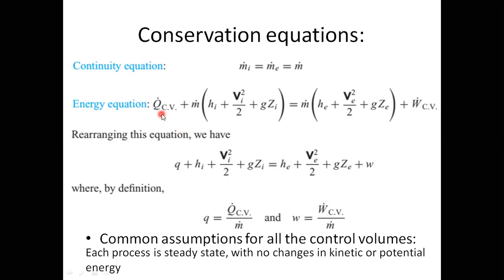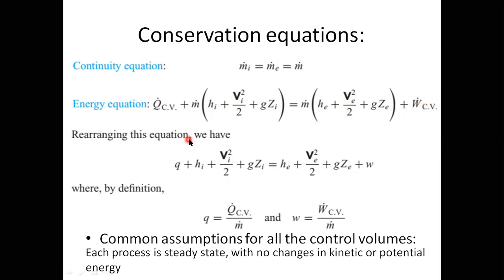Energy equation in the rate basis: Q dot CV plus m dot into Hi plus Vi square by 2 plus the potential energy g zi equal to m dot enthalpy at the exit, kinetic energy per unit mass at the exit plus potential energy per unit mass at the exit plus the work produced by the control volume.